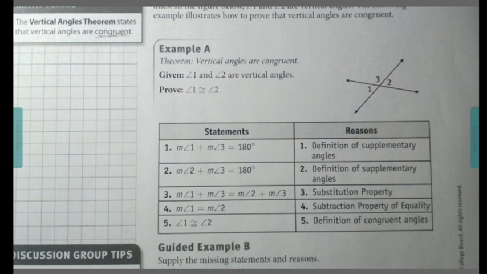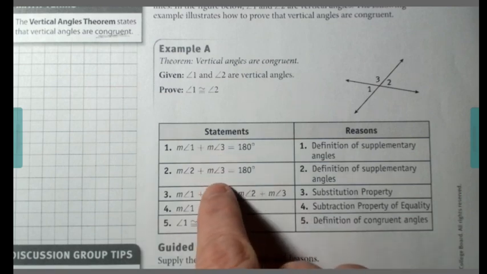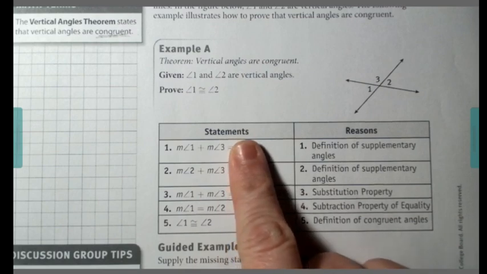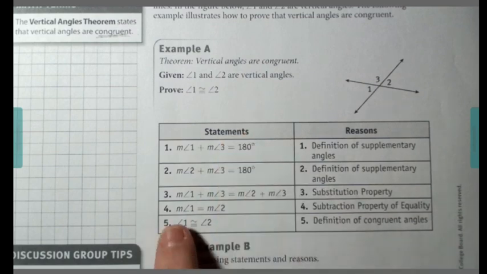Again, that's definition of supplementary angles. 3 states the measure of angle 1 plus the measure of angle 3 equals the measure of angle 2 plus the measure of angle 3. They called this the substitution property. So they basically said that this equals this, and because both of them equaled 180, they kind of set them equal to each other.